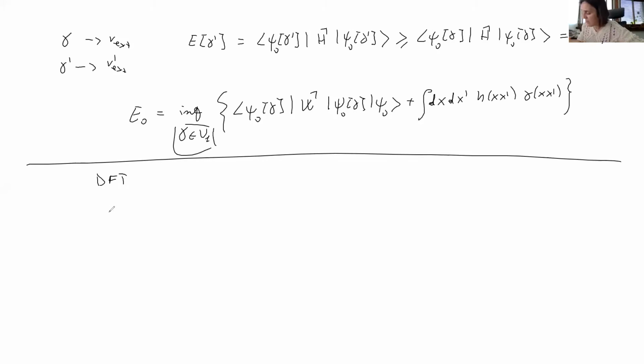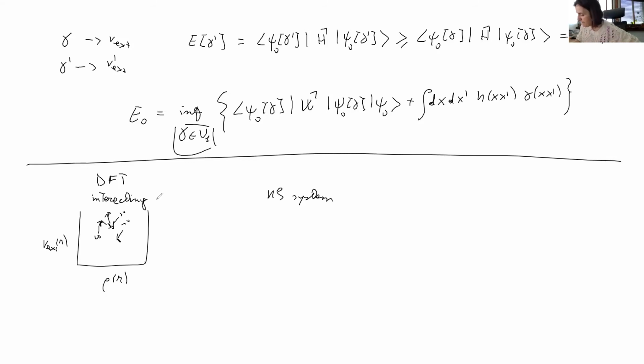In DFT, we have our system of non-interacting electrons in some external local potential. And they have a certain density. Again, now I speak about charge density, integrated over the spin. And then we have this beautiful system, the Kohn-Sham system. So this is the interacting one, and then I have my Kohn-Sham system.